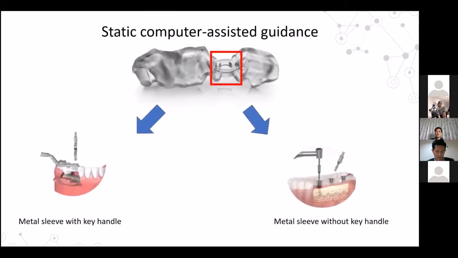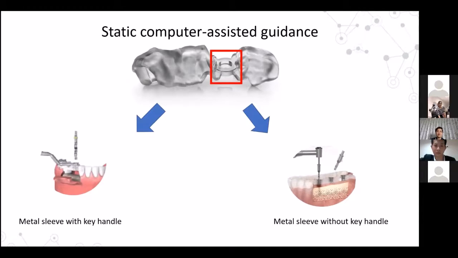The most major brands of implants have their own static computer-guided implant system. We can categorize them into two major groups that are available in the Thailand market. One is a metal sleeve with a key handle, and another one is a metal sleeve without a key handle.